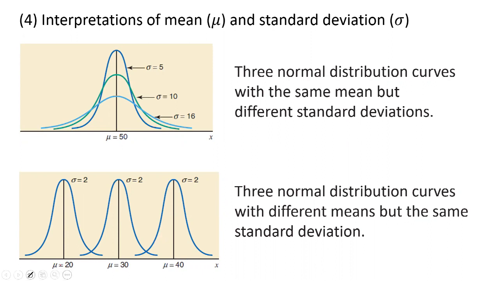For smaller means, the overall level of the data is small, so the curve is on the left-hand side, right? So basically, if all the curves have the same standard deviation but different means, then the shapes of all three curves are the same, but with different positions. Positions are decided by their mean. Understand?